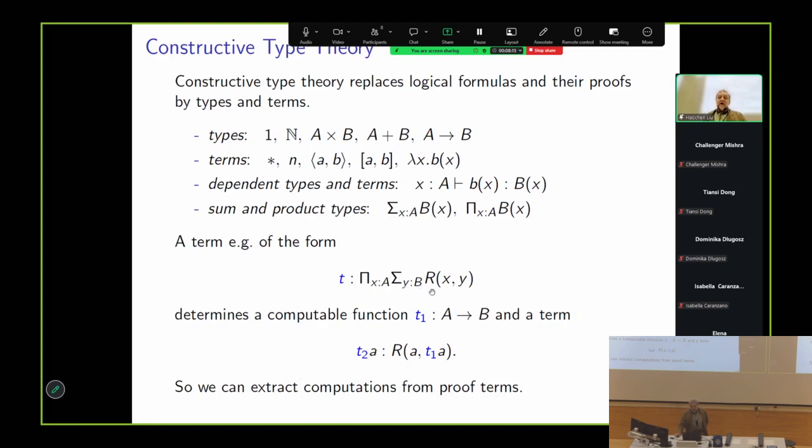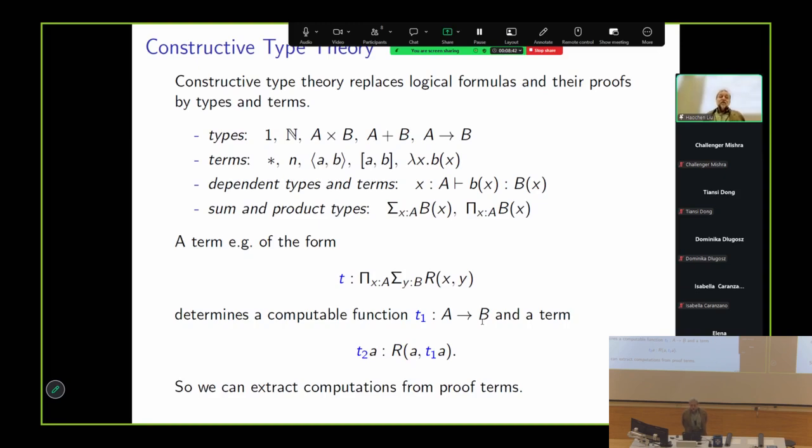I can evaluate it at some a, and I evaluate that term, and I get some cross-section of this family, and then I can project it out, and then I get an element at a of the type b, which is T1 of a, and that is a function from the a's to the b's, and you can in fact show, or it has been shown, that this is a computable function.